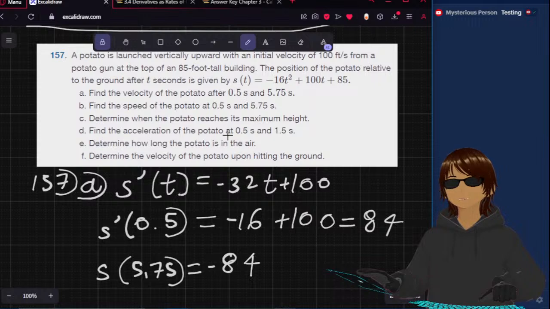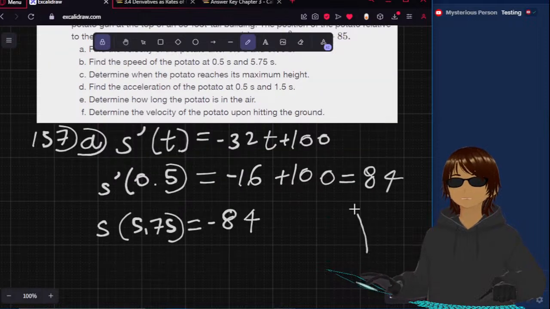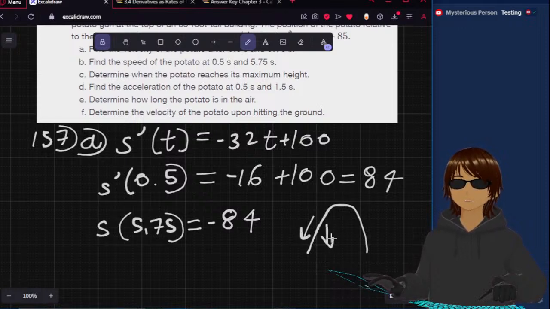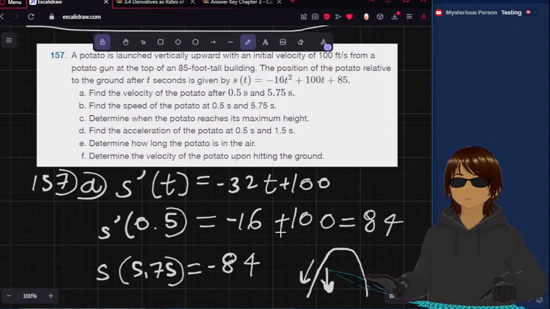Determine when the potato reaches its maximum height. For speed, is it both 84? I think if it's going like this, speed would be the magnitude of this, and velocity would be like directly down.